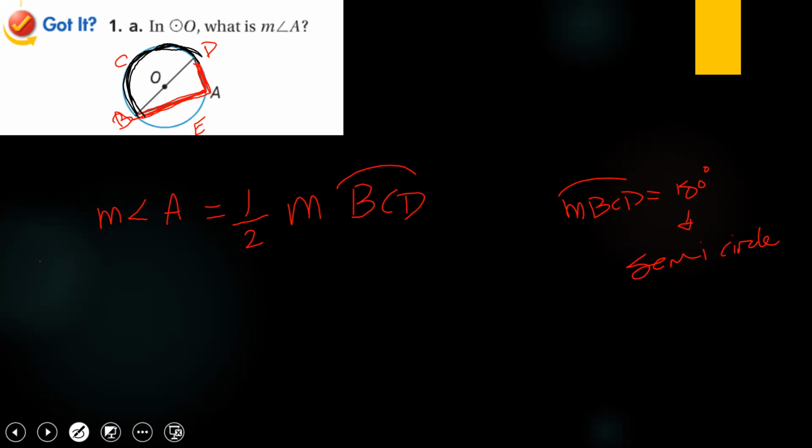Is it right? BCD is a semicircle, so its measure is 180. Half of it is the measure of angle A, which is 90 degrees.